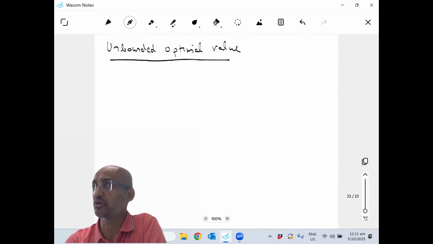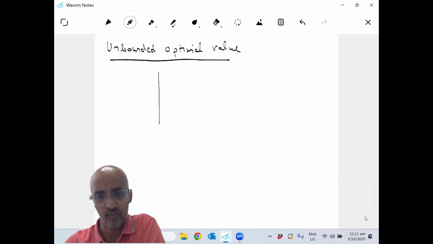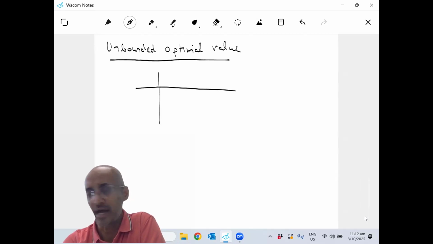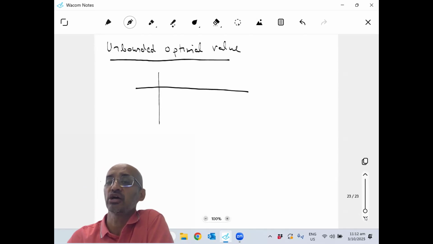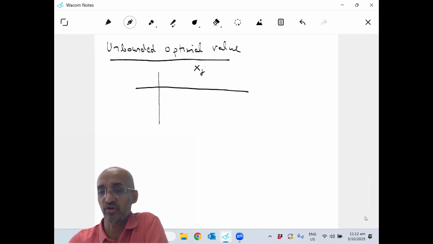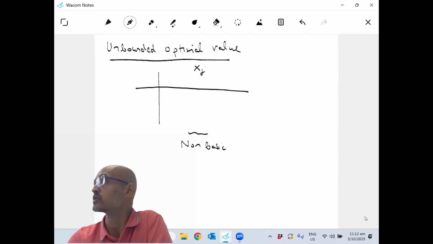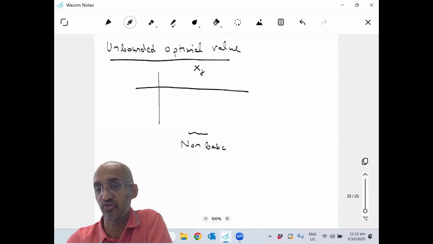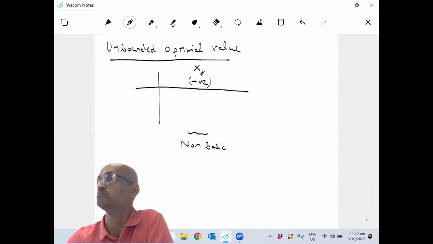If you think of the simplex method, at some point in the iterations, let's say I come to a non-basic variable xj where the reduced cost, remember this top row is the reduced cost, is a negative value.